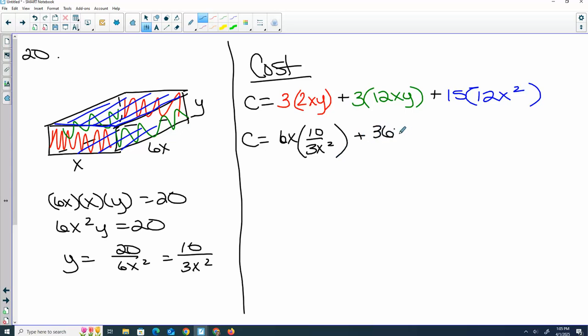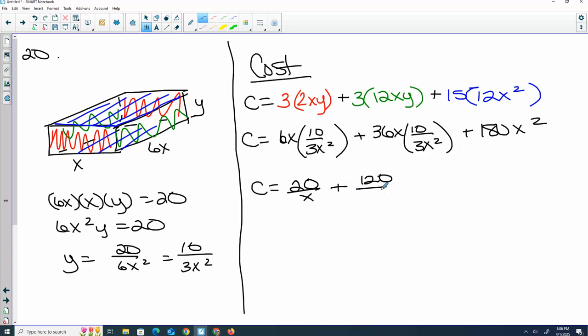This one is 36x, instead of y, 10 over 3x squared, because we can only have one variable. 15 times 12 is, so my cost. This turns into 60 over 3, so 20 over x plus 120 over x plus 180x squared.